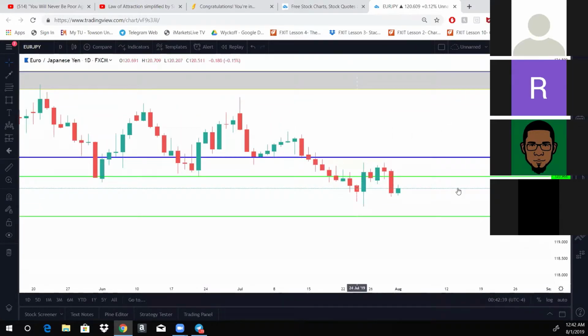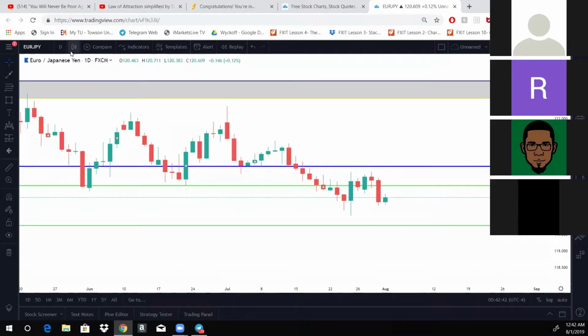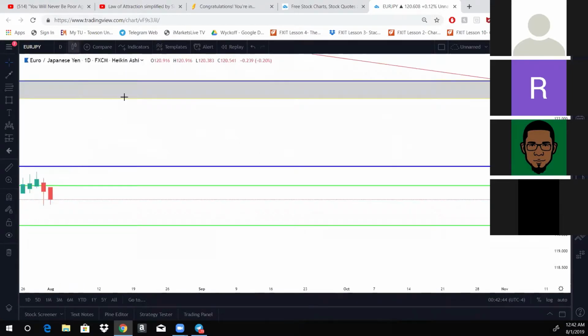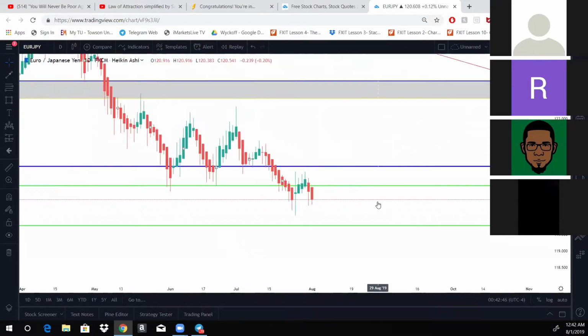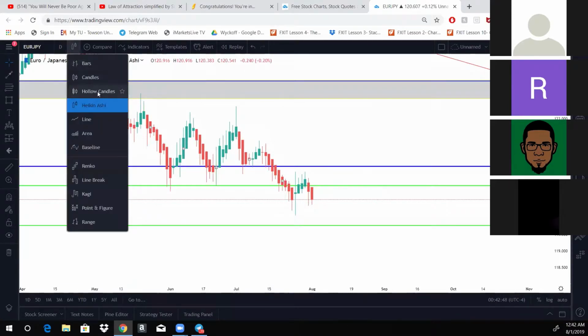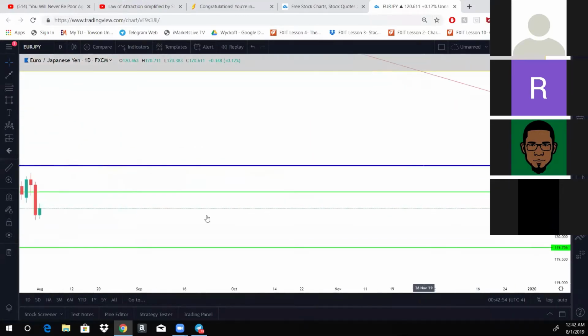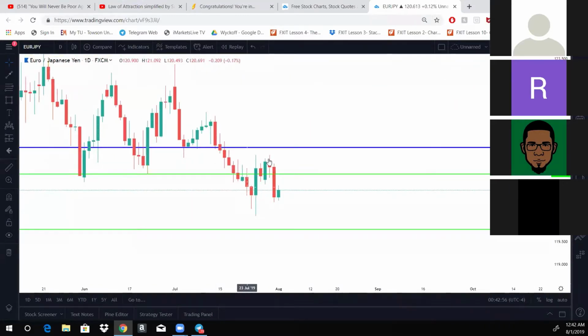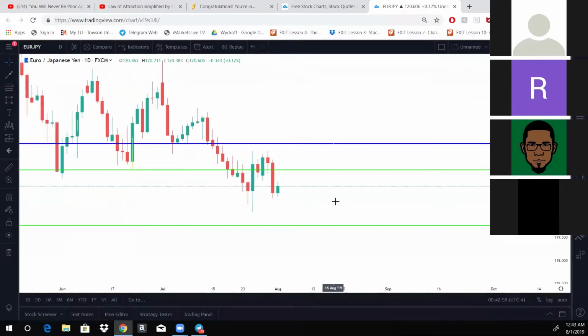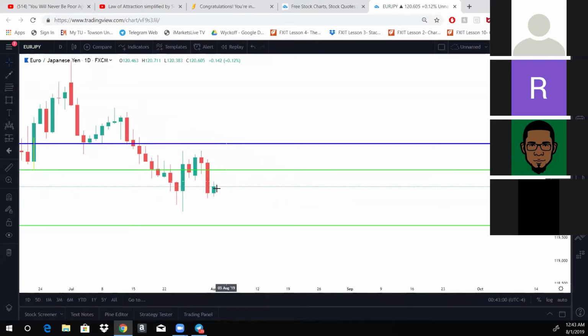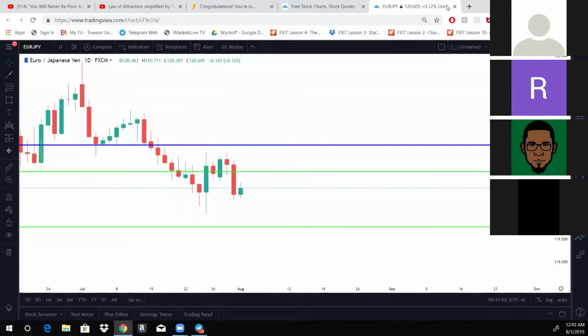Some people will buy right here at the bottom. They see weak rejection from the previous low, and there are probably a bunch of people at the bottom. We can find that out.